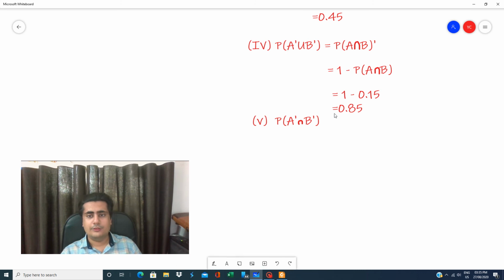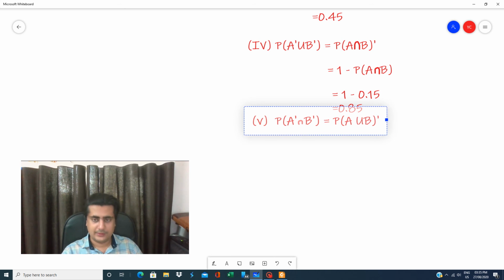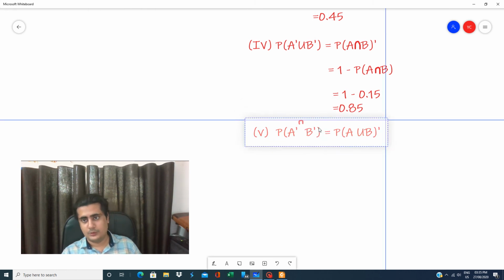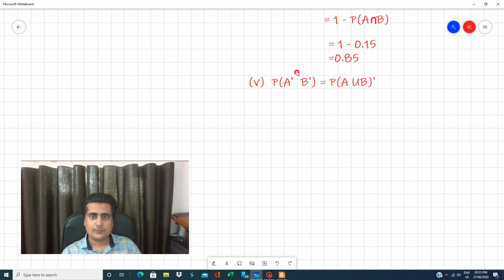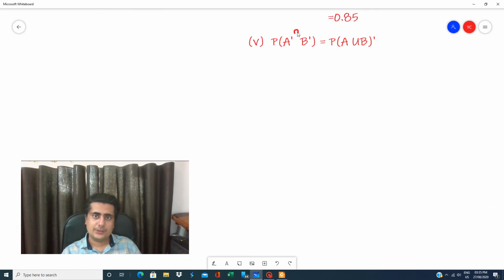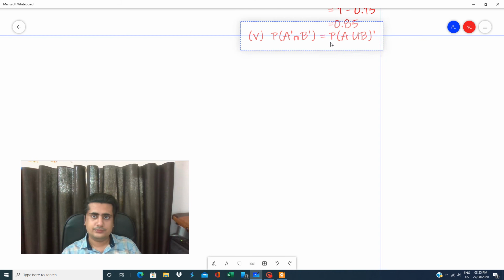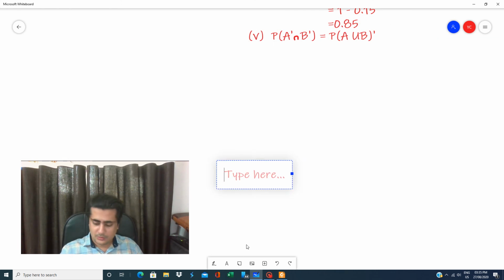Now as I told you, if I want to find the solution to this, first of all I'll be making the dash common, and I'll reverse the sign. If the outer sign is intersection, I'll be doing union. Now the formula to this, that is A union B dash, is 1 minus P of A union B.